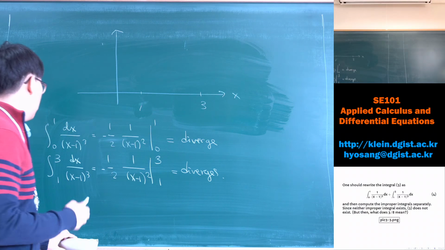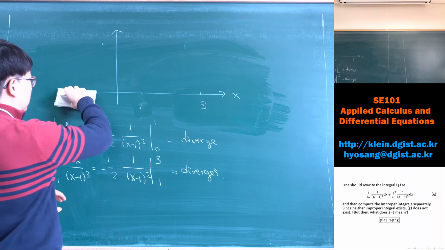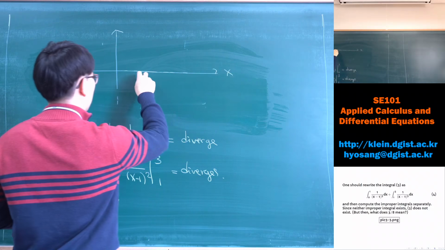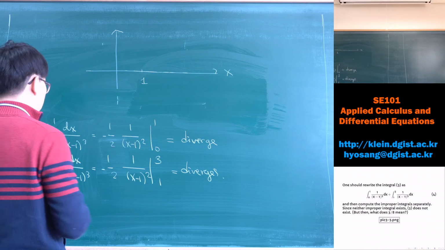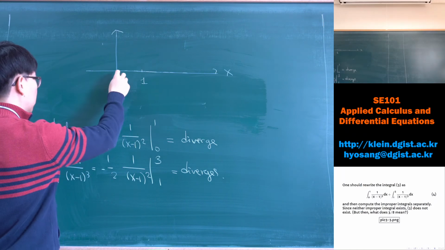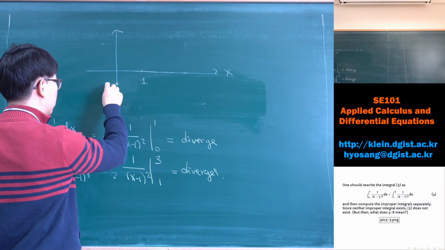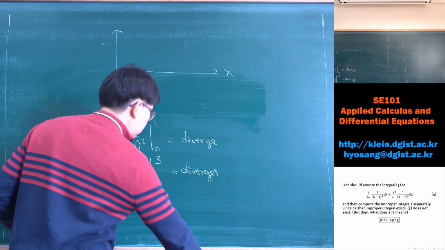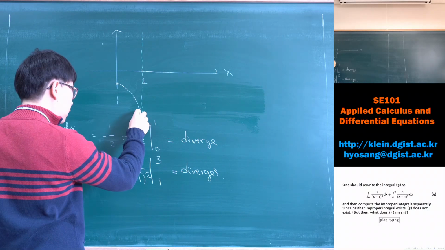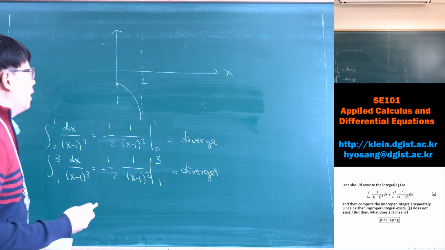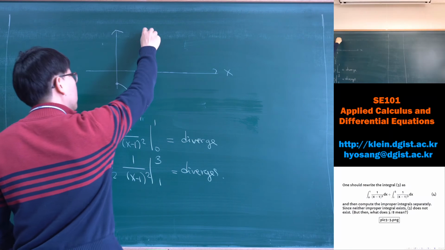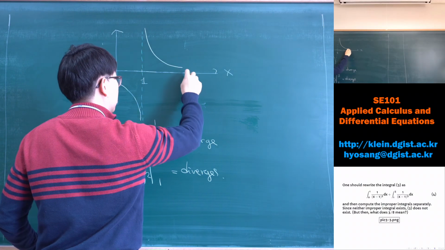When x is less than 1, the value is negative, and when it approaches 1, it goes to negative infinity. You have a vertical asymptotic line here, and then it diverges to negative infinity. And when x goes to 1 from the right-hand side, you have positive infinity and it decreases to 3.